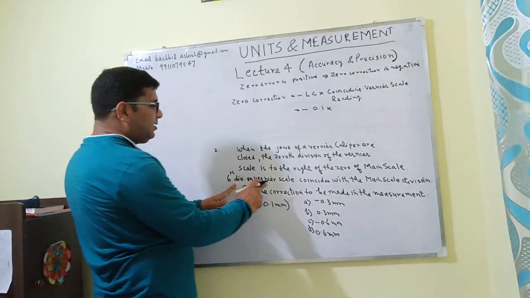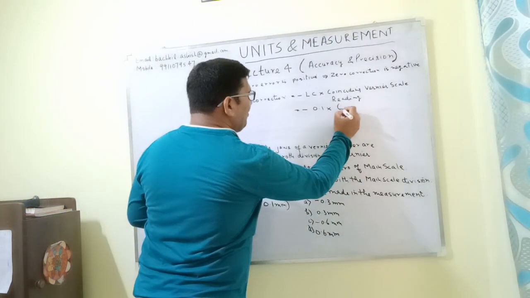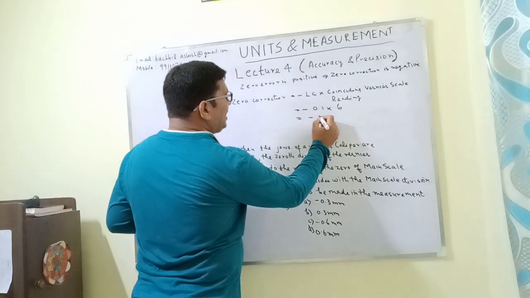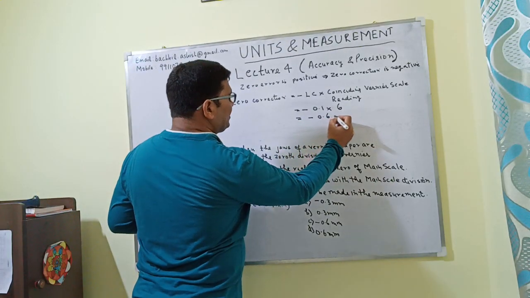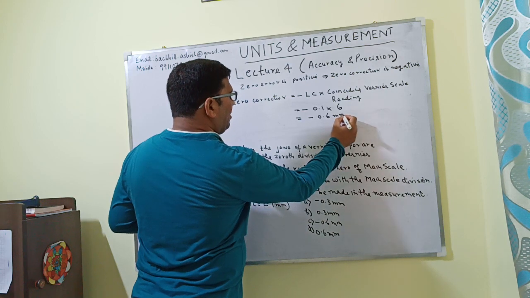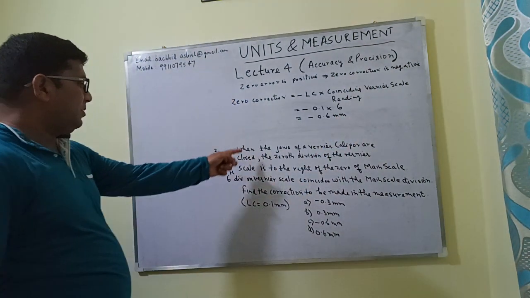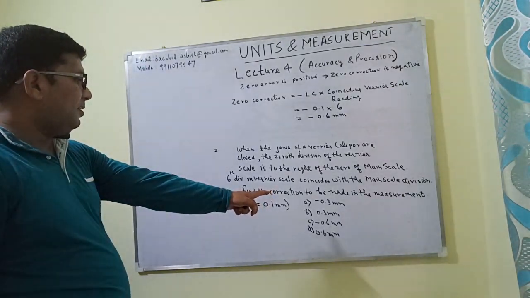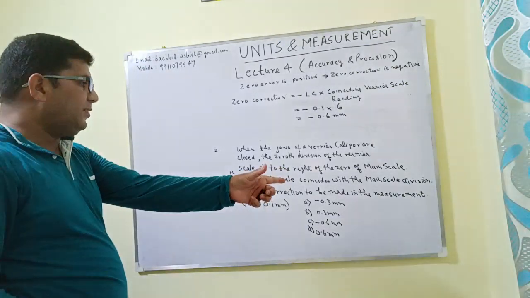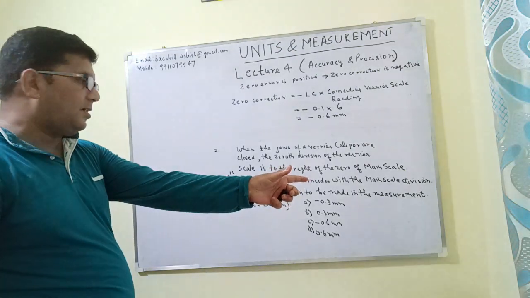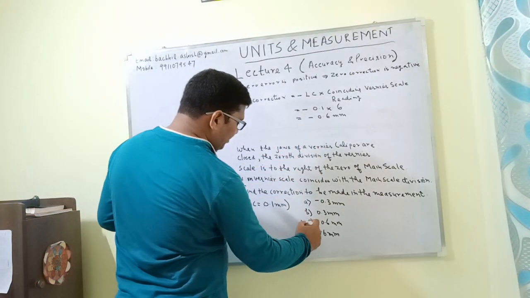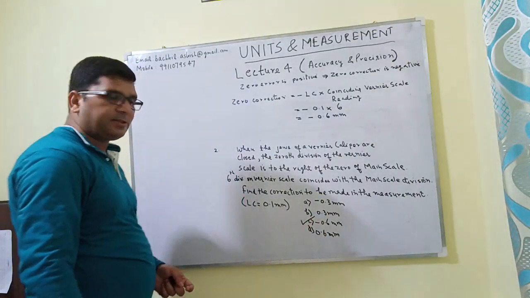The sixth division is coinciding with the main scale division, so I will write it here as 6. So the answer will be equal to minus 0.6 mm. So the zero correction which has to be applied in the observed or measured value will be equal to minus 0.6 mm. The third alternative is correct.